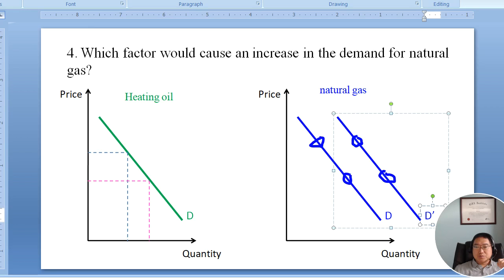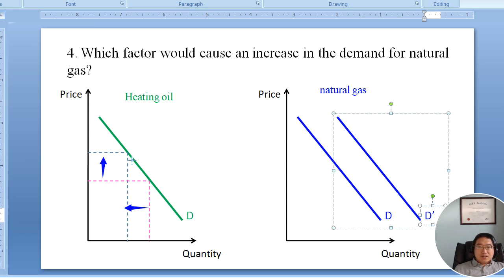So this is a movement of the demand curve. It means the substitute, heating oil, becomes less attractive. You don't really want a lot of heating oil. You want natural gas, and the quantity demanded of heating oil is lower, so it has to be a higher price for the heating oil.